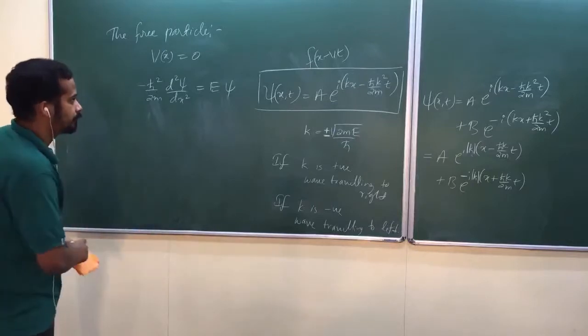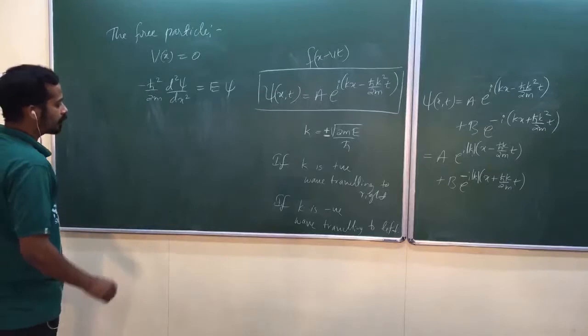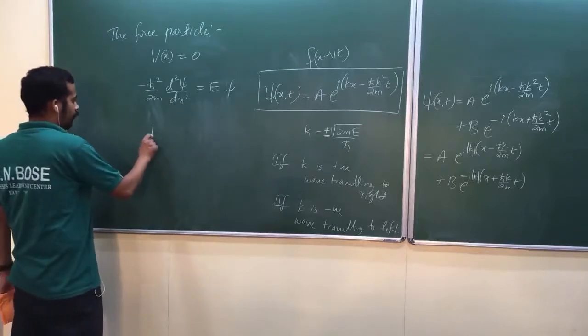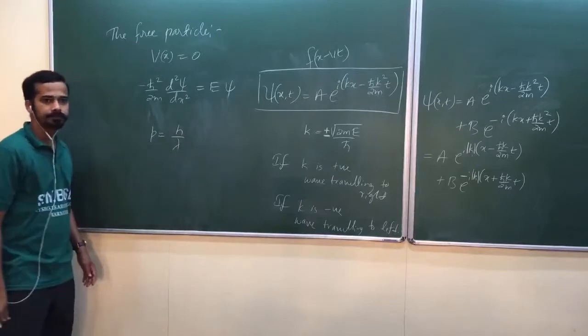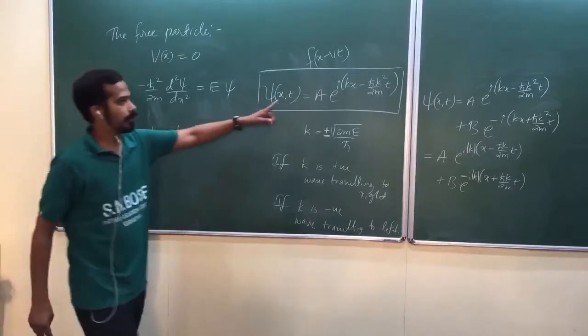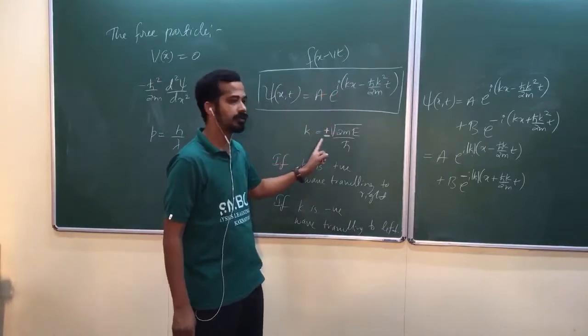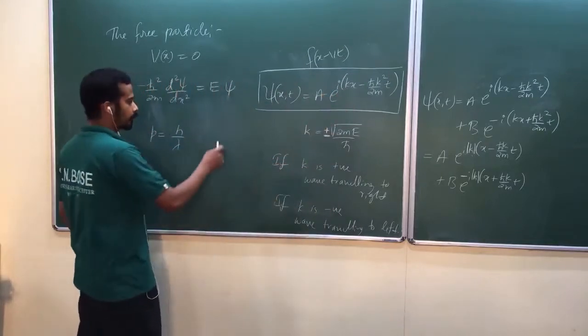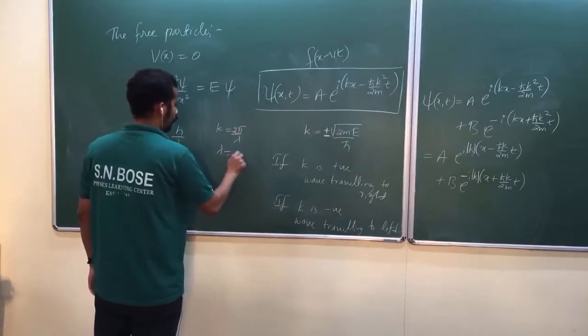Now look at here. According to de Broglie formula, how do you write p? h by lambda. If this is a traveling wave, then how do you define lambda? Using k, you have to define lambda. Are you getting my point? How do you define lambda? k is equal to 2 pi by lambda. Lambda is equal to 2 pi by k.